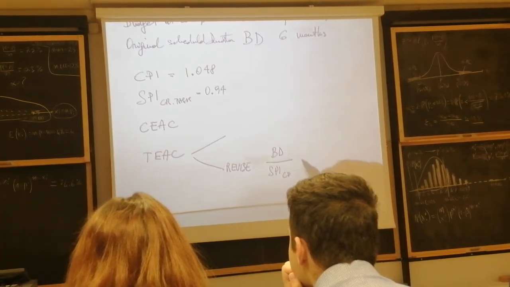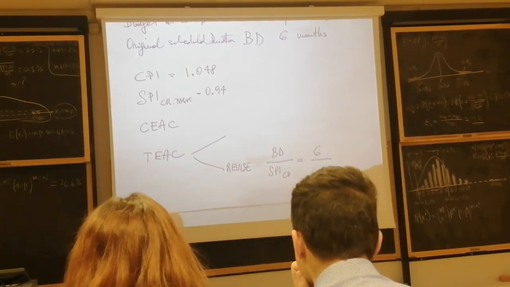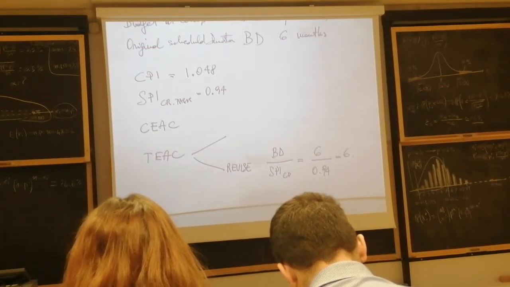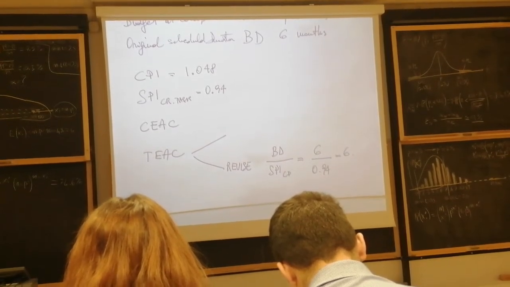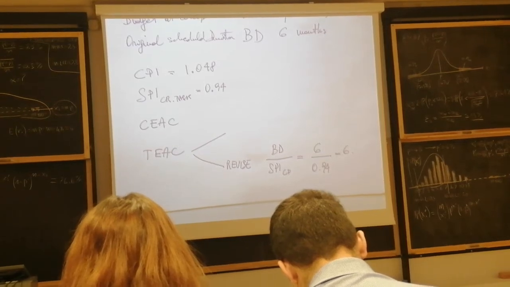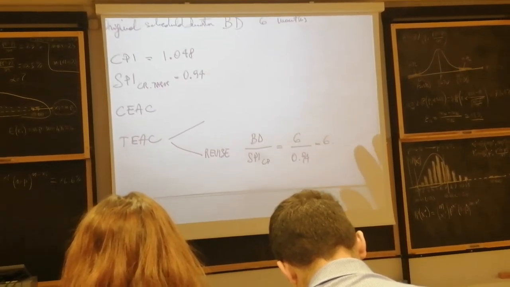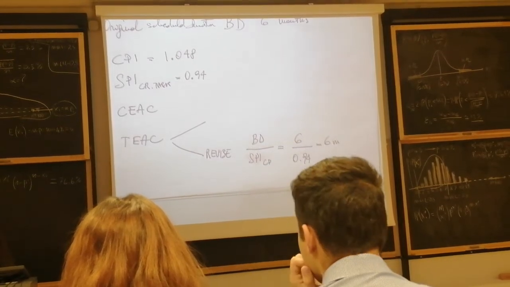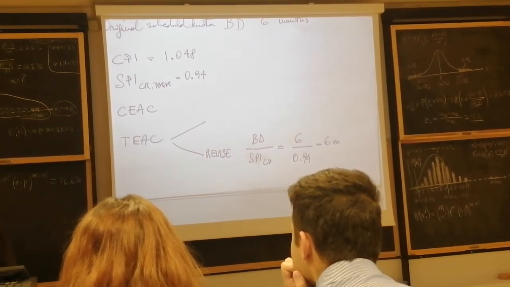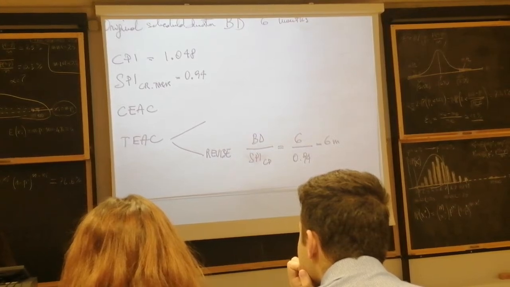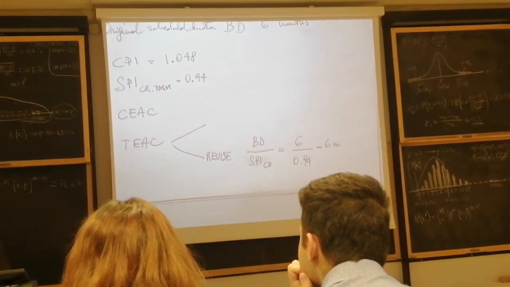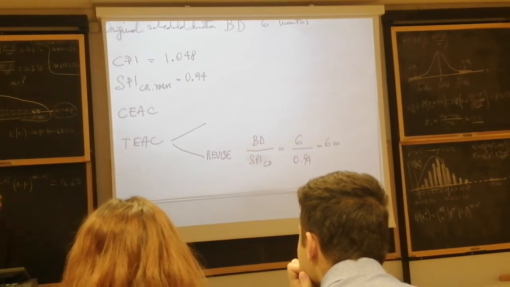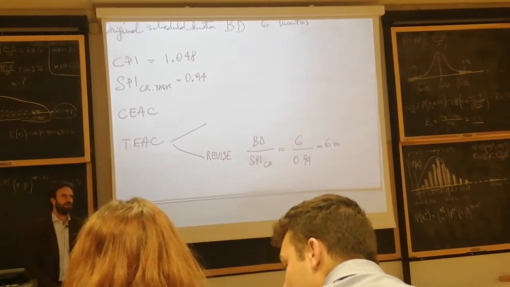So by the way, here it would be 6 months over 0.94, which equals 6.38. And 0.38 months is about a couple of weeks. 22 work days times 0.38, about 0.4 times 22, it's about 40.